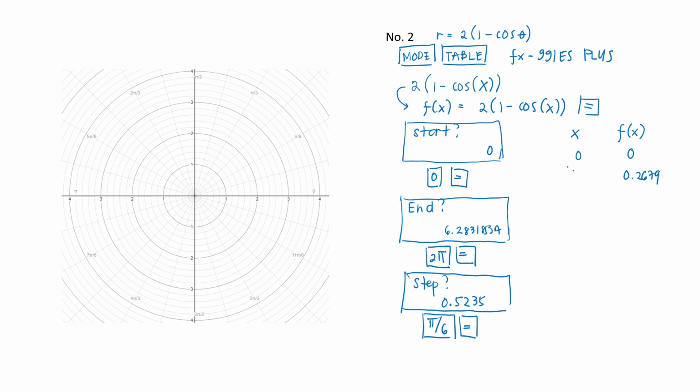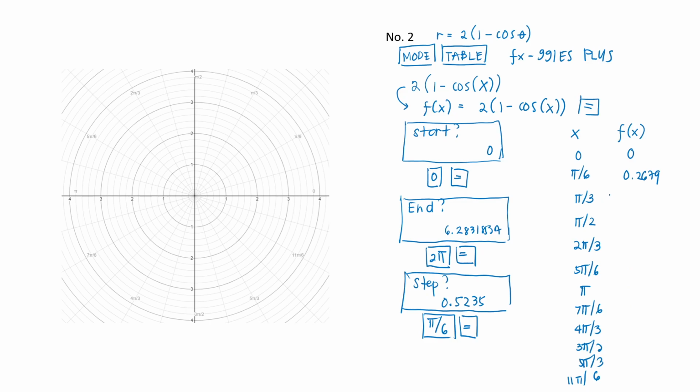So starting from 0, then pi over 6, and then pi over 3, then pi over 2, and then 7 pi over 6, 4 pi over 3, 3 pi over 2, 5 pi over 3, then 11 pi over 6.